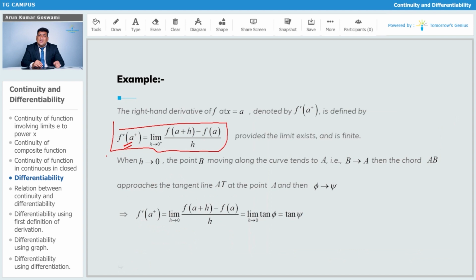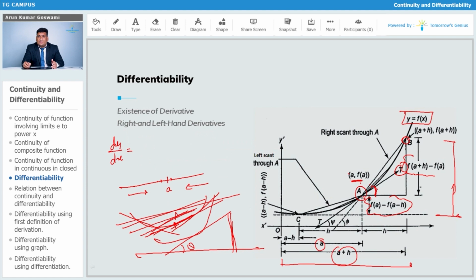Why am I using the limits? The formula is enough to find the derivative, but I'm first checking the existence of the derivative. That's why I'm using the limit. If h approaches zero, because h is a small parameter, what will happen to my derivative? This is my right hand derivative, and from the diagram, this y by x is equal to tan phi, because this angle is phi.